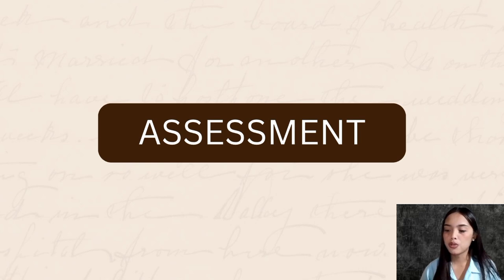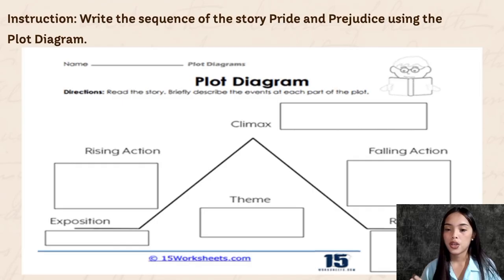Now for your assignment, you will write the sequence of the story Pride and Prejudice using the plot diagram. Below is the format, which has exposition, rising action, climax, falling action, and resolution, including the theme. The exposition is the introduction of the story.